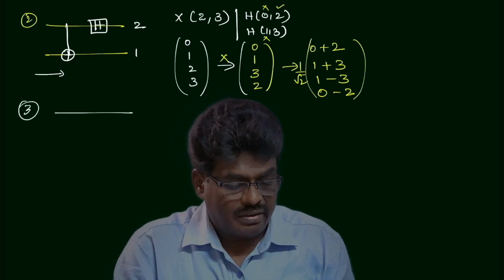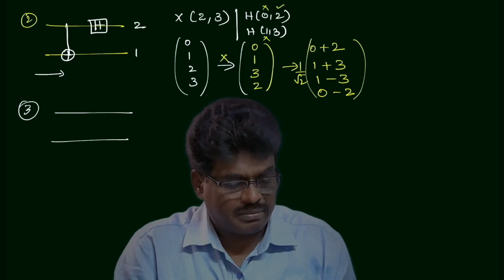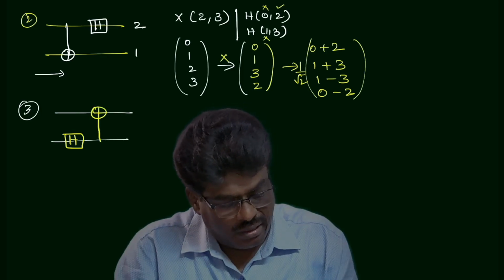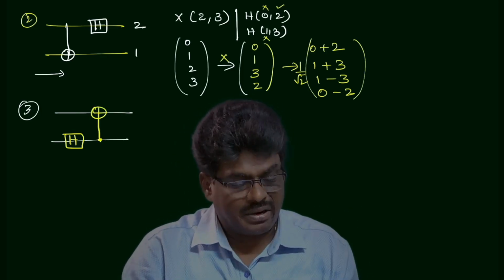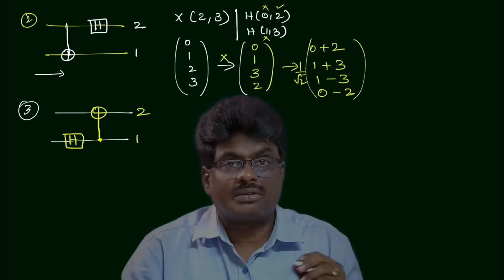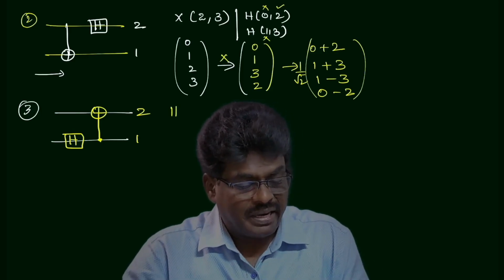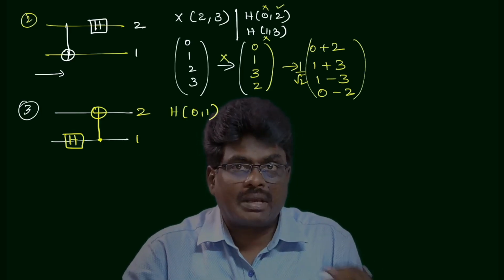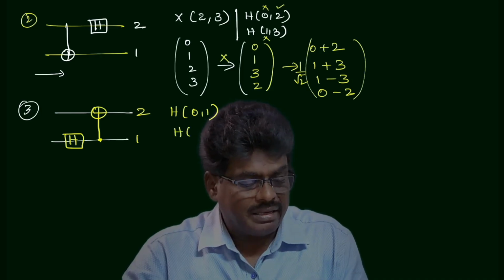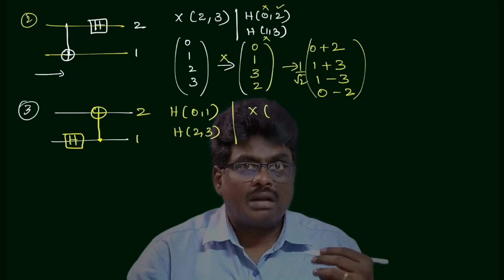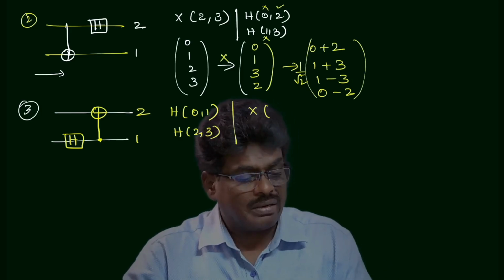So here let me take like this, and I have taken a reverse one, CNOT. No problem, anything you can solve if you understand this technique. Left to right, first Hadamard is coming, 0 comma 1 because it is on 1, and add the other one, that is 2, 2 comma 3, and X, it is going from 1 because always the starting control bit is 1, 1 going towards 2, 1 plus 2 3.